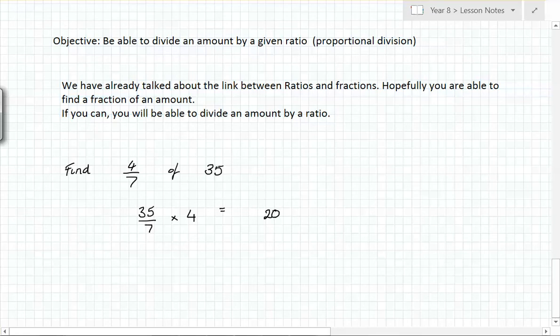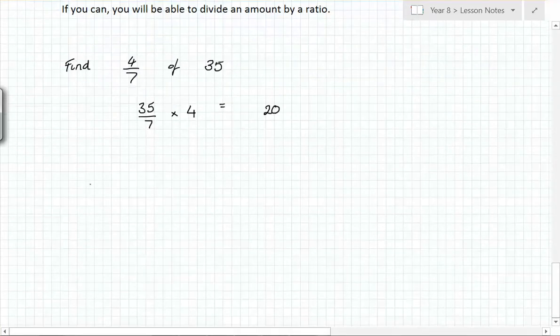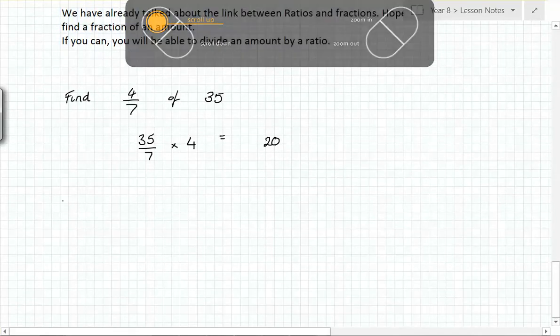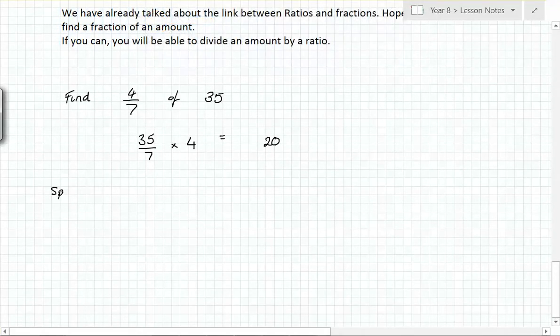So that means you should be able to split 35 in the ratio 4 to 3.